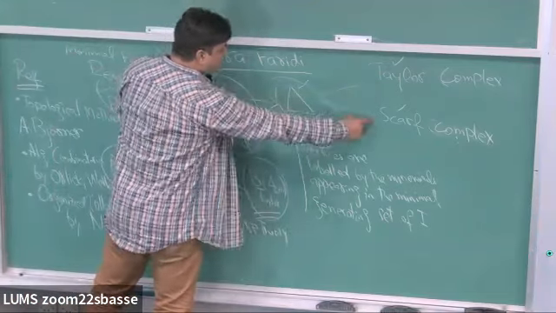So one of the problems is, for a particular class of monomial ideals, determine, in other words, the gap between the Betti numbers.